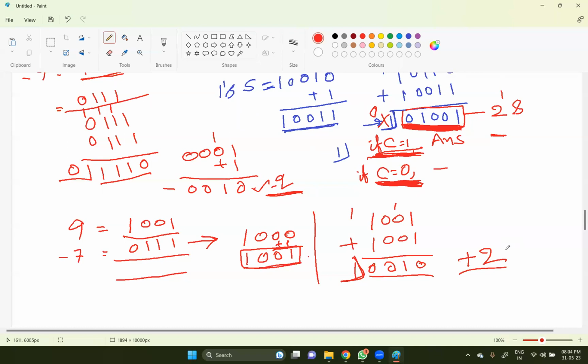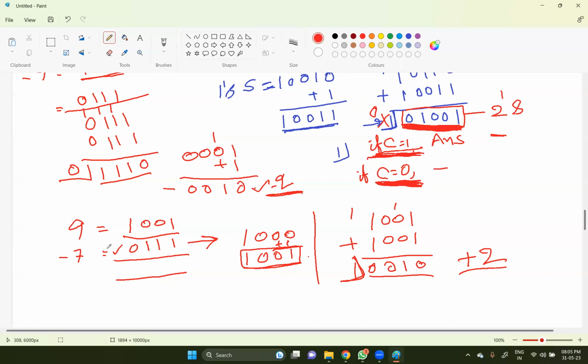Okay. Subtraction can be done by addition. Then what you need to understand? First, you need to convert the subtrahend into its 2's complement, and the resultant 2's complement value can be added to the minuend.